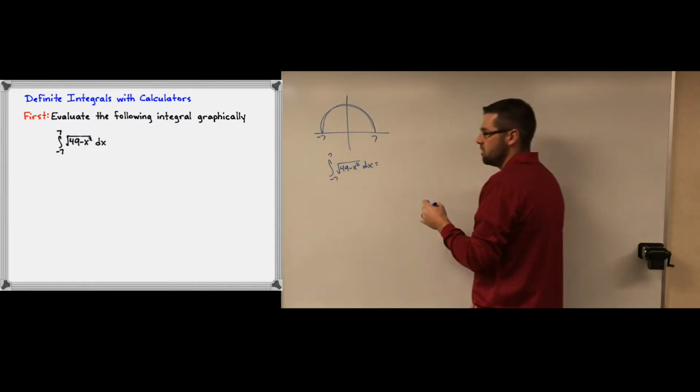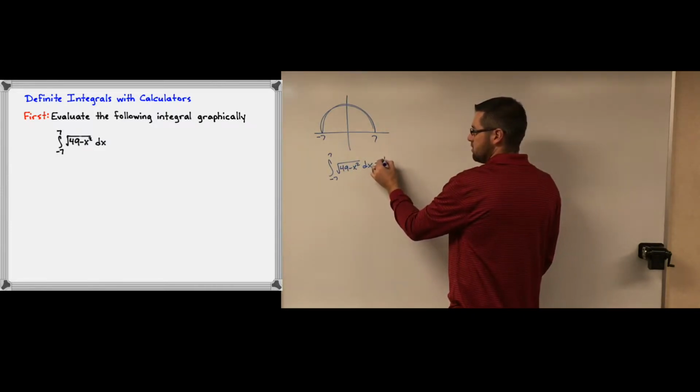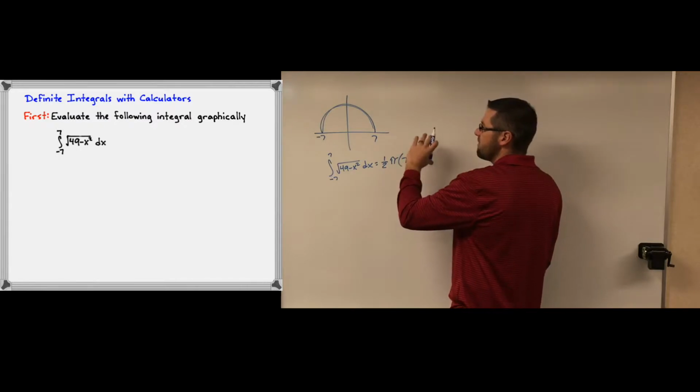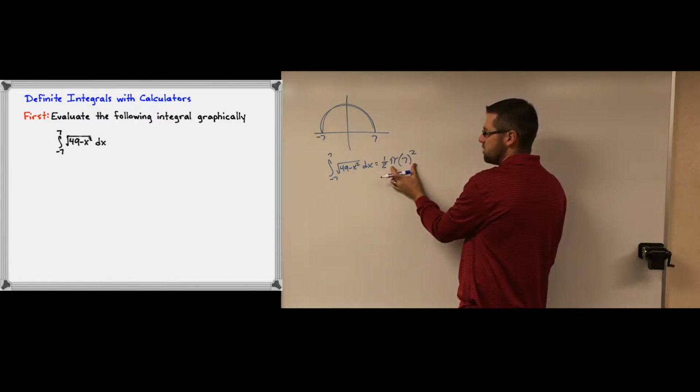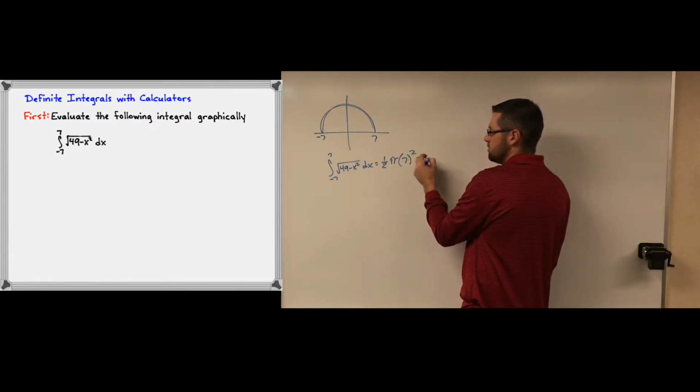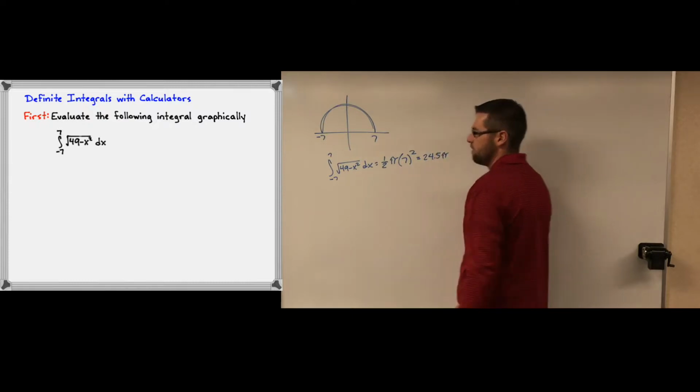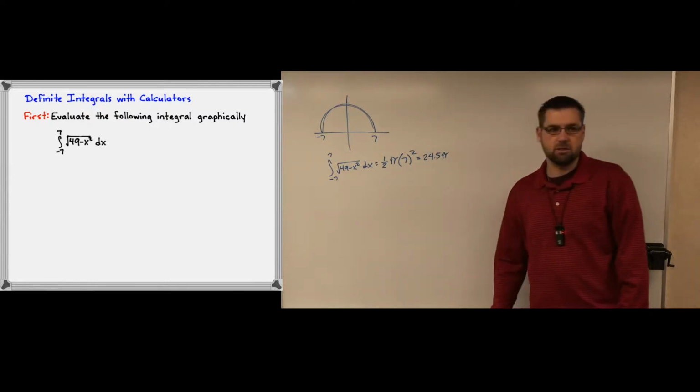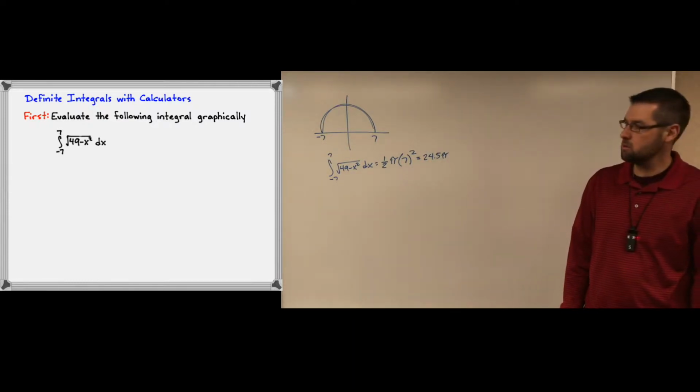Give me the formula. 1/2 pi r squared, and the radius here is 7. So again, it's the area of the half circle. The area of the circle is pi r squared. We've got to divide it by 2. So what is that? 24.5 pi-ish? That's right. Okay. Now we're going to do it with your calculator.